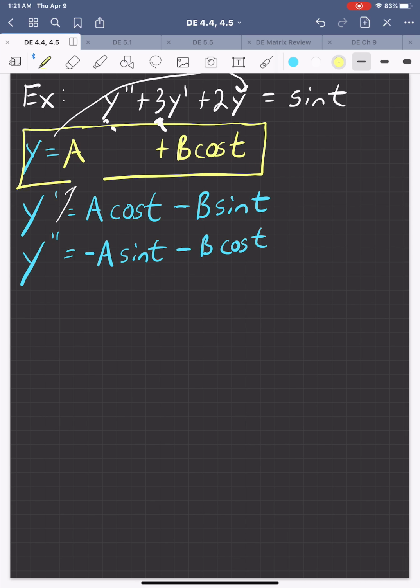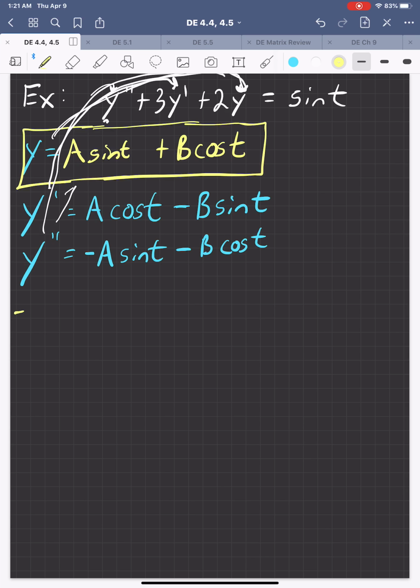So, without drawing through the proposed solution, we plug in for y prime, for y double prime, and then plug it in for y. Now let's see what happens if we go down this route.